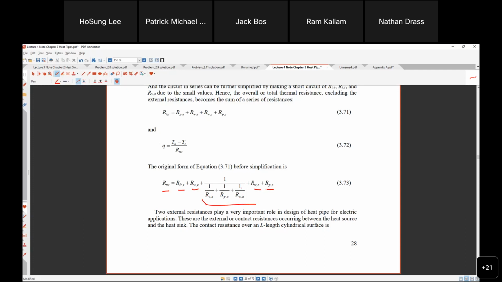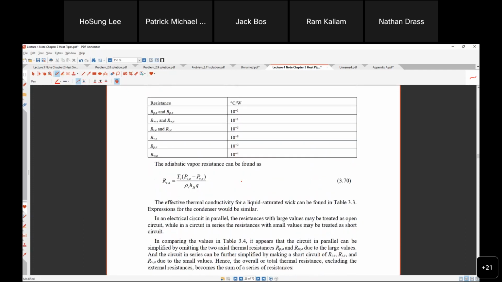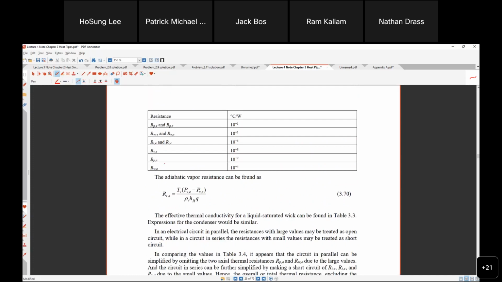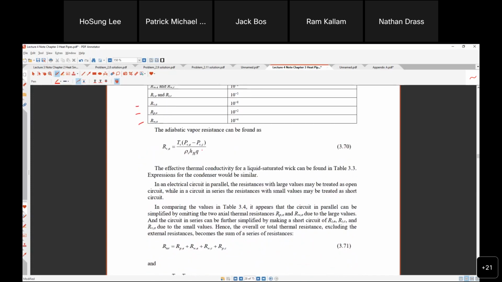But we have some calculation and measurement of these three adiabatic. The adiabatic vapor is so small compared to the pipe and wick.